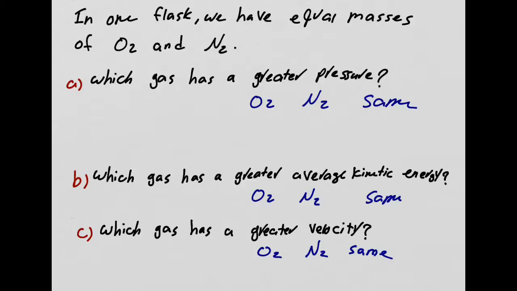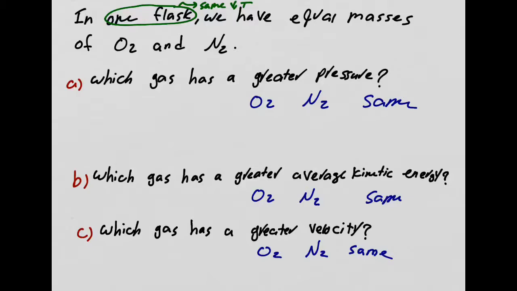This problem, if you read the problem, it says we have one flask. Okay? We have one flask. And if you have one flask, what does that mean? That means you have the same volume and you have the same temperature.